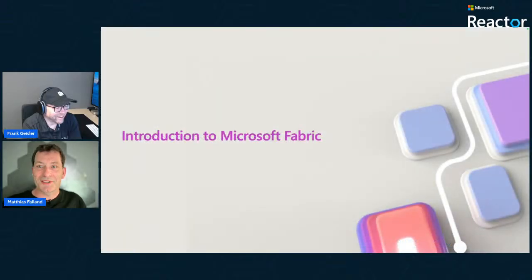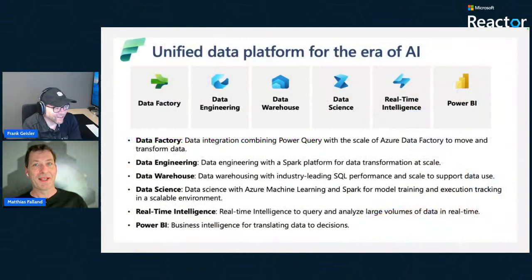So what is this Fabric thing, right? So Fabric is great. Fabric is the data platform for the era of AI, and it has several scopes or several roles where you can enter your Fabric journey. Some are very obvious. So I think one of the very obvious is the Power BI scope, where you can enter the Fabric experience.